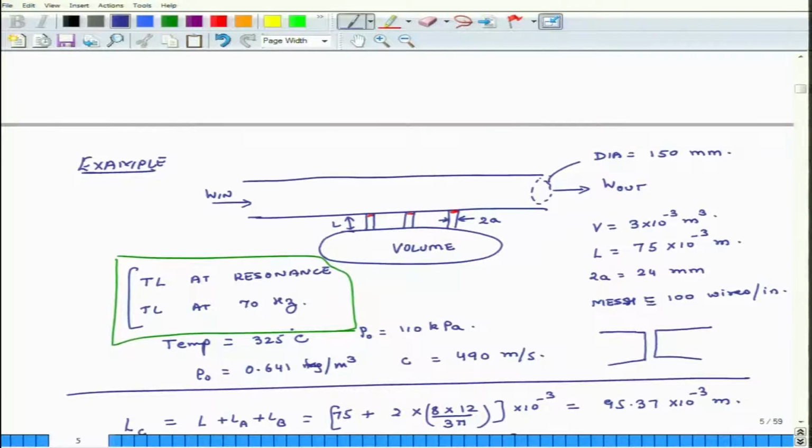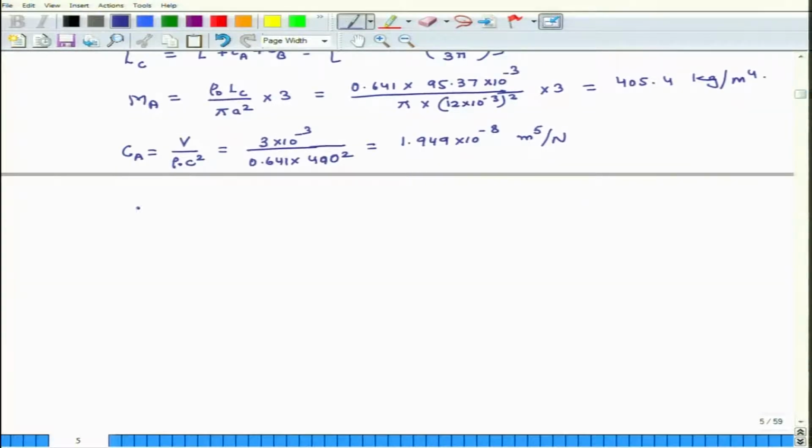First we have to figure out the resonance point of this system, and in the last class we had defined that the resonance point for a Helmholtz resonator is 1 over 2 pi square root of 1 over M A C A. If I plug in all the values, this system will resonate at 56.62 Hertz. This is the resonance point.